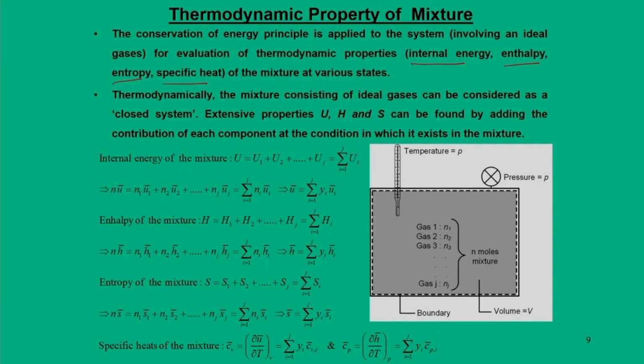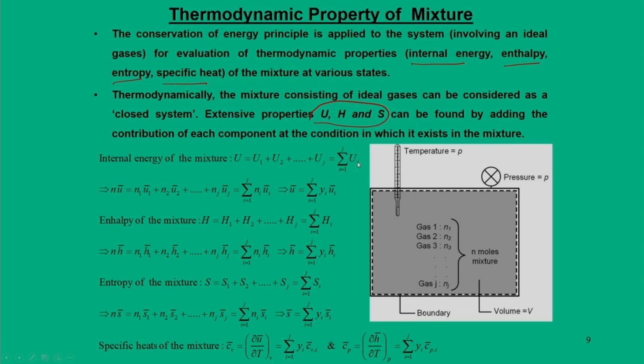Thermodynamically, we can view this as a closed system as shown in this figure, where there is no mass and energy interaction taking place, and from there we can find out the extensive properties U, H and S from these relations. With the same philosophy, the internal energy of the mixture is the sum of the internal energy of each component.